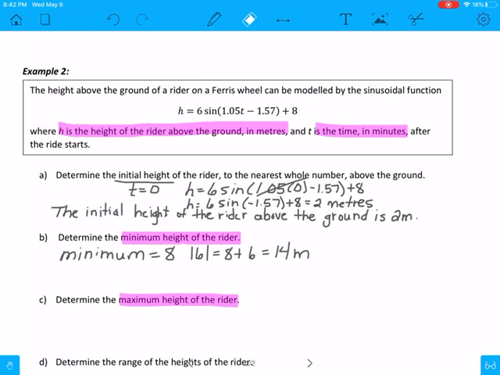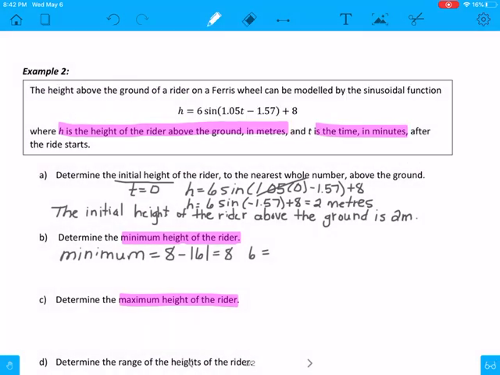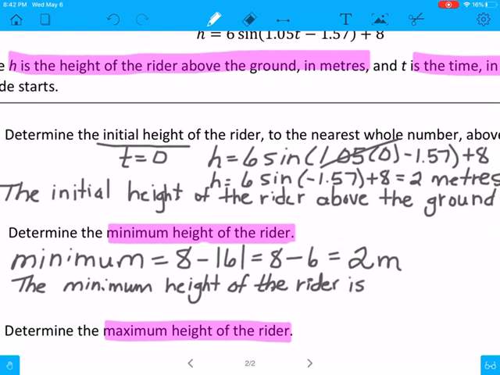Minimum is a minus sign. 8 minus 6, which is actually 2 meters. Okay, let's try this again. The minimum height of the rider is 2 meters.